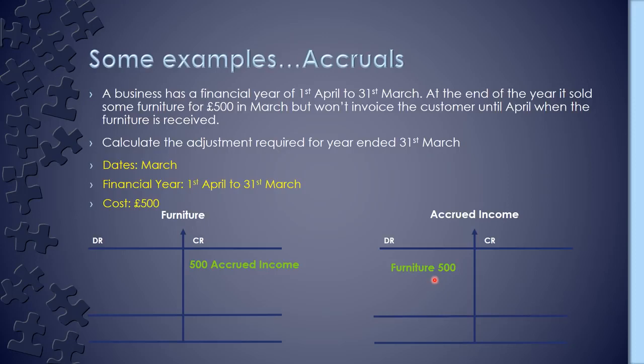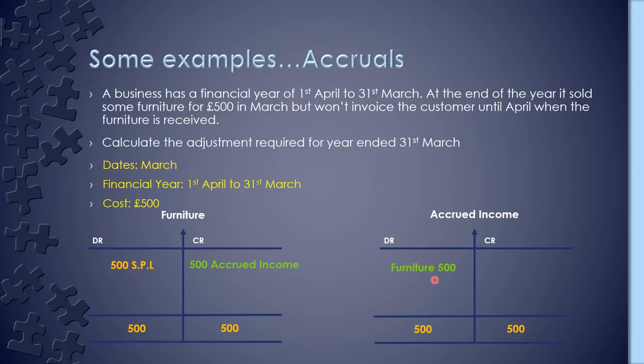So let's have a look at the totals here. The furniture account totals 500. So our balancing figure is £500 for the statement of profit and loss adjustment. So that £500 will then be credited as the adjustment for the statement of profit and loss.